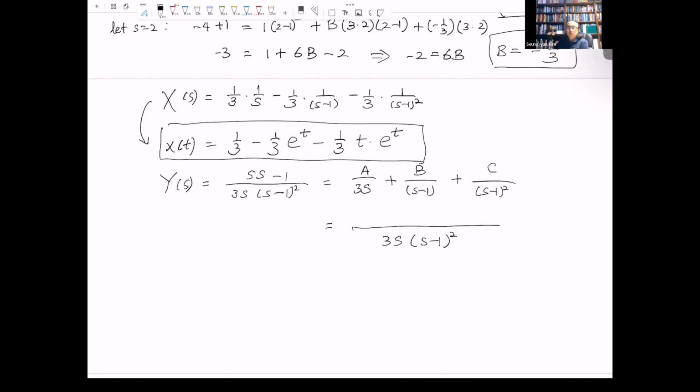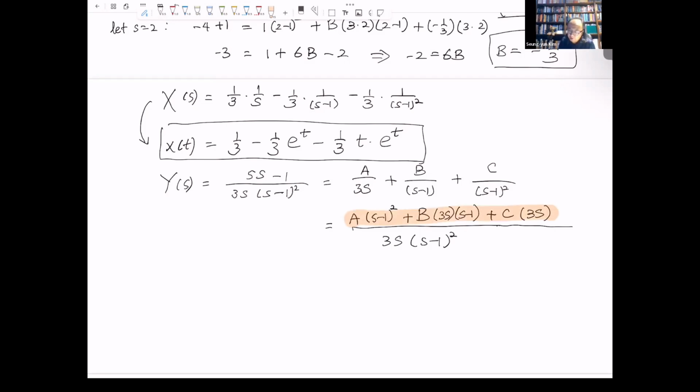Now, when we multiply each one, we need to look at the missing terms from the denominator. So we're going to multiply A times, I have 3s, what's missing? (s minus 1) squared. Good. For B, I have s minus 1. What's missing? Missing 3s and s minus 1. Good. Plus C, I have (s minus 1) squared. What's missing? I need 3s. Okay, here it is. Now we are happy.